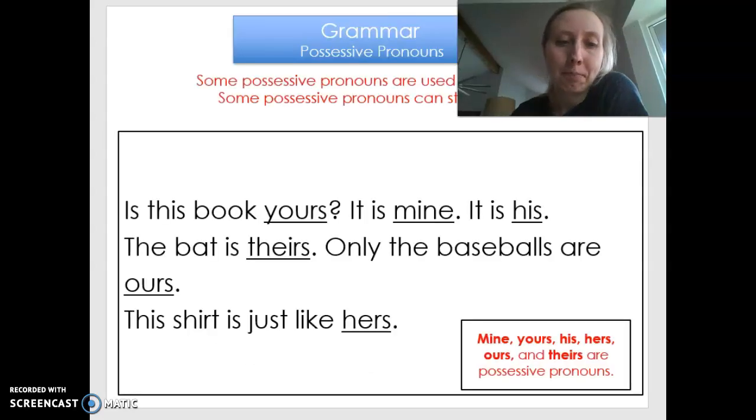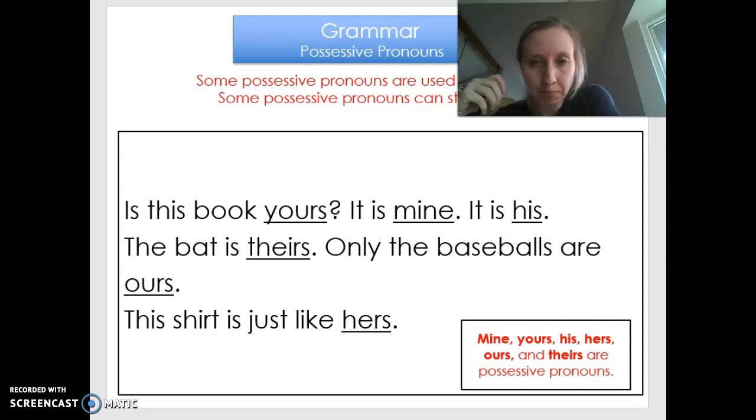We went really quickly yesterday through possessive pronouns. If I have the name John, John is a boy, and I could say John is running. John is my noun, a person, place, or thing. Instead of saying John, John, John, we'd say he, because he's a boy. If we're talking about John's toy, we could say John's toy. But if we want to use the pronoun he, we wouldn't say he toy, we'd say his toy.